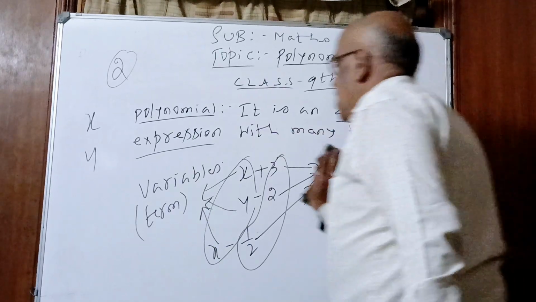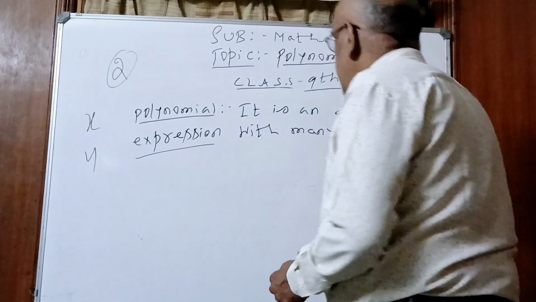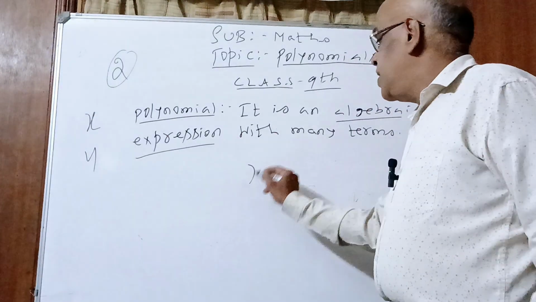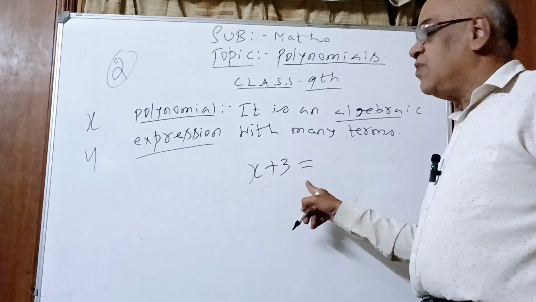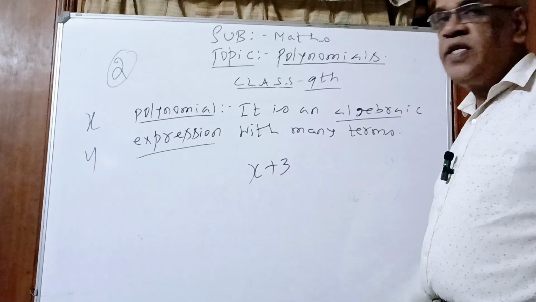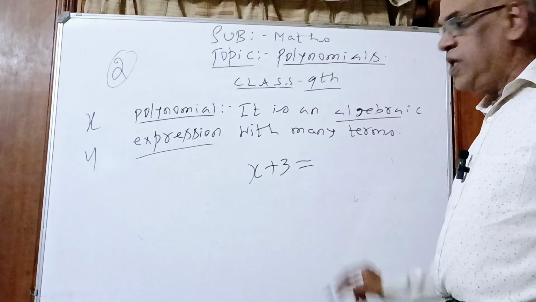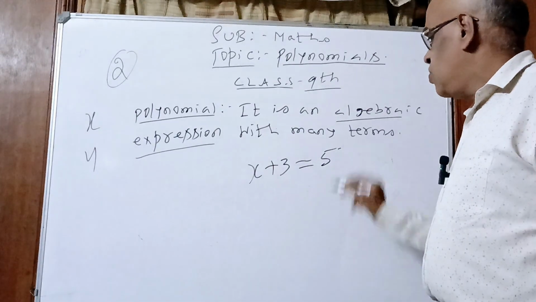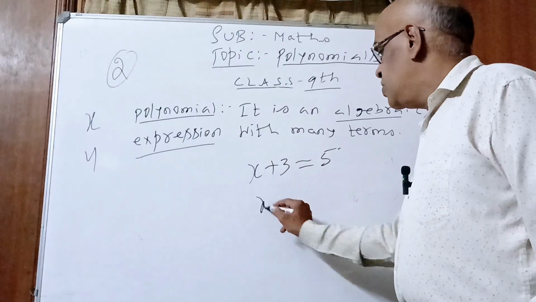See children, after this algebraic expression, what have we studied? I'll just give a hint. x plus 3 is an algebraic expression. If I put an equal sign, it becomes an equation. Can you tell me the value of x? We don't know. x plus 3 is equal to 5. What is the x value? x is equal to 2.